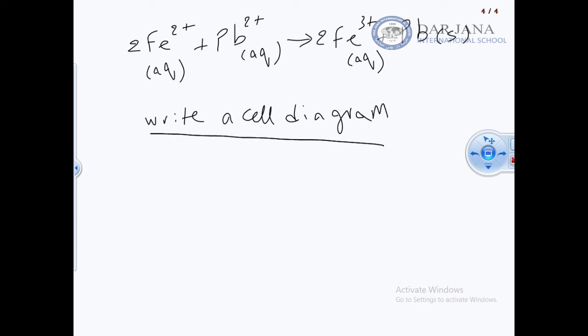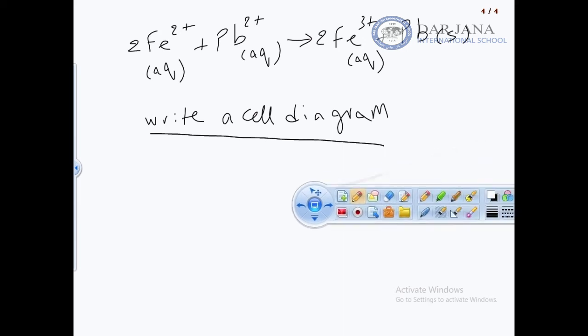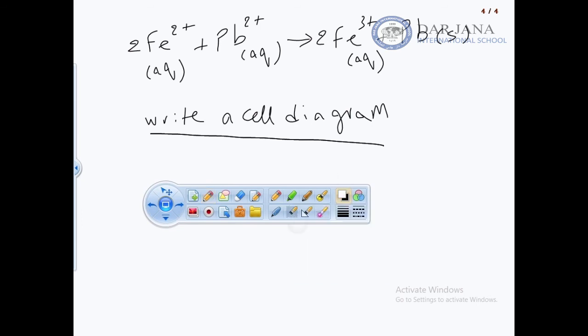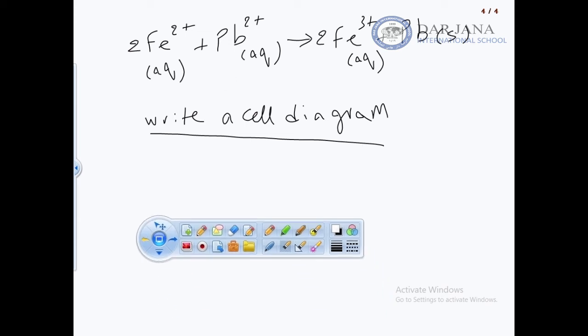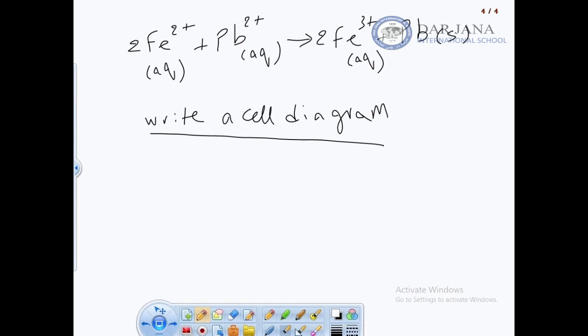We notice that Pb is doing reduction, so Pb is changing from positive 2 to 0. So this is reduced. So here we have reduction. And iron is oxidized. We have Fe2+ aqueous, Pb2+ aqueous, Fe3+ aqueous, Pb solid.